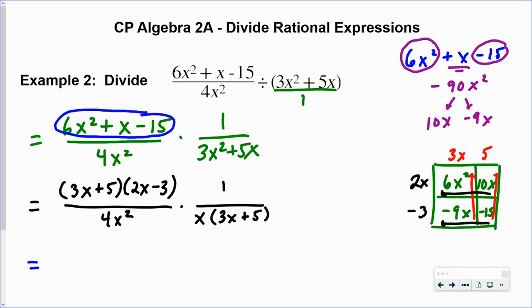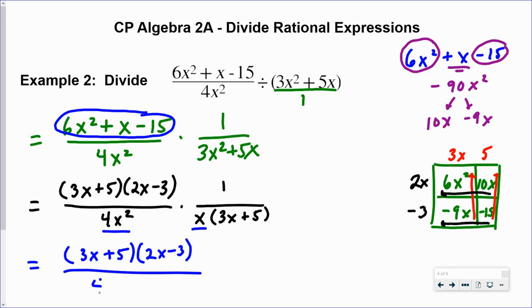So when we do that, 3x plus 5 times 2x minus 3 times 1 is 3x plus 5 times 2x minus 3, and that's going to be all over 4x squared times x, which is 4x cubed, times 3x plus 5.